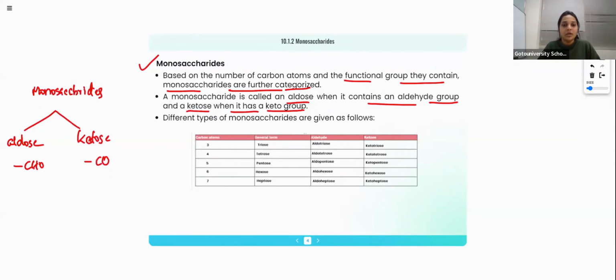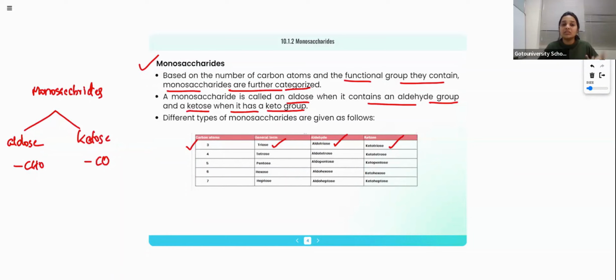Then based on the number of carbon atoms. If the number of carbon atoms is 3, we call it a triose sugar. Tri means 3. If it contains an aldehyde group, it is called an aldotriose. If it is a keto group, it is called a ketotriose.